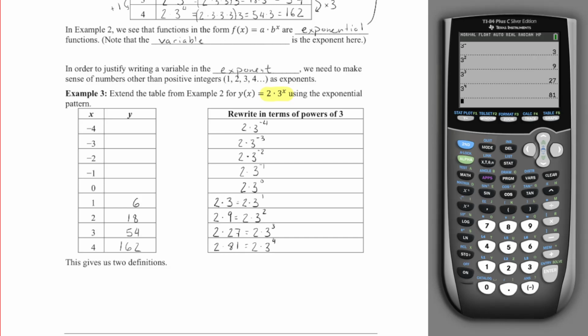Whatever goes in those previous rows should give us a hint as to what 3 to the 0 and then 3 to negative powers ought to be.